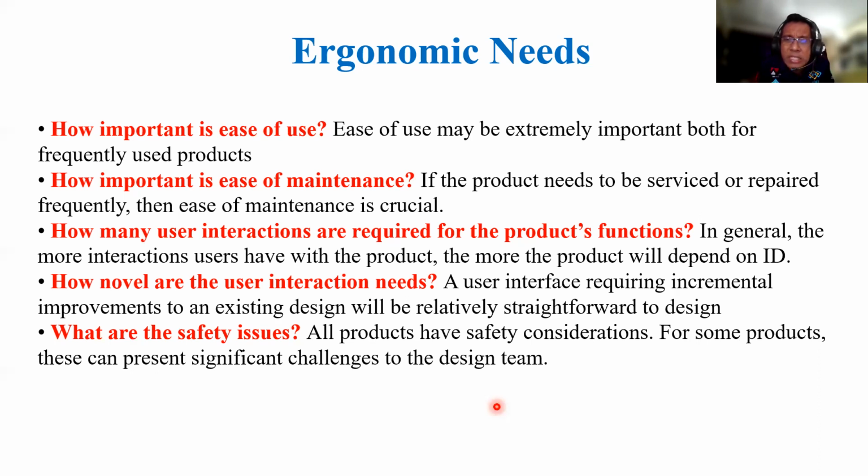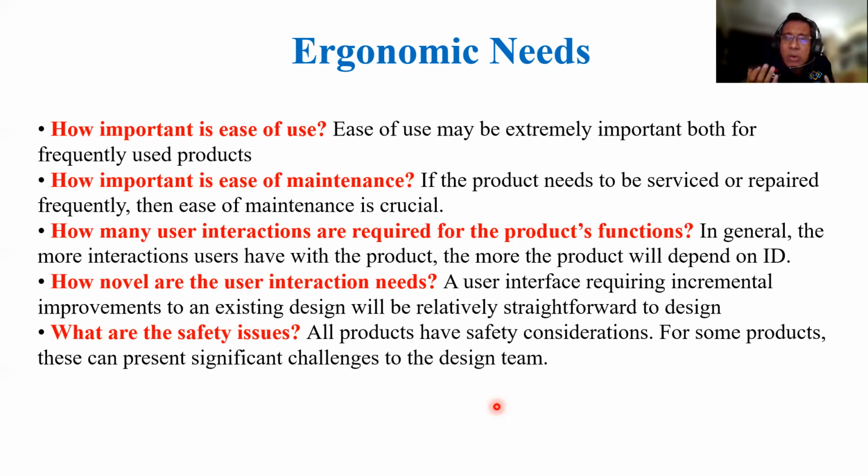Or a more novel user interface may require substantial research and feasibility studies, such as the click wheel on the early Apple iPod, for example. In the music field, the iPod introduced the click wheel. So they needed more philosophical study on that.